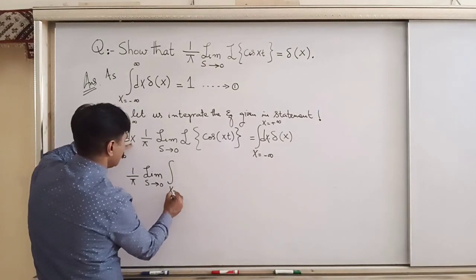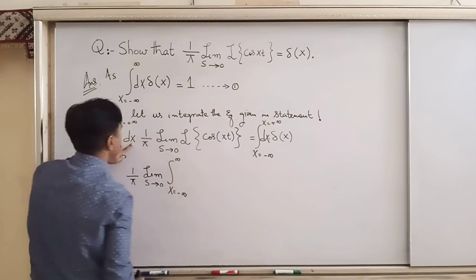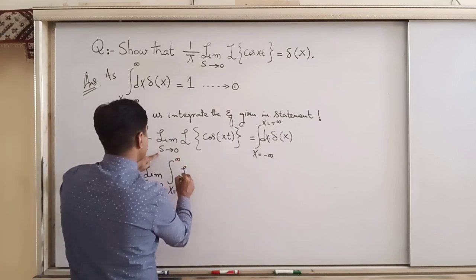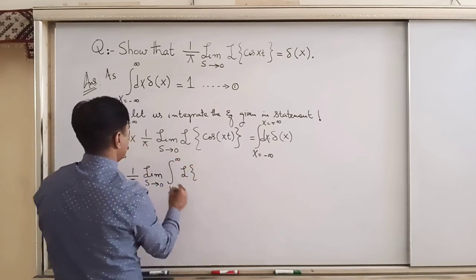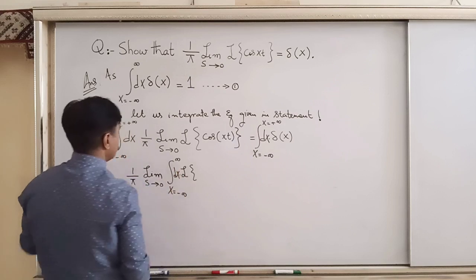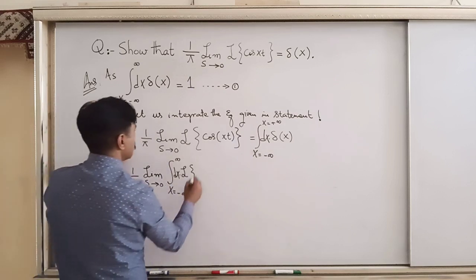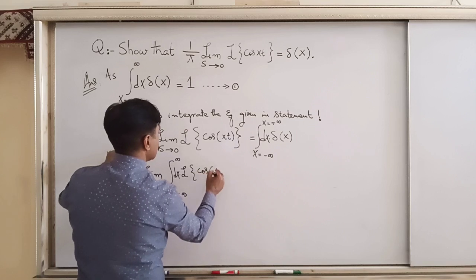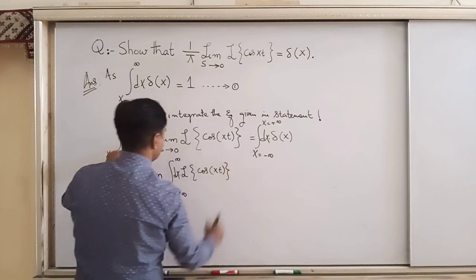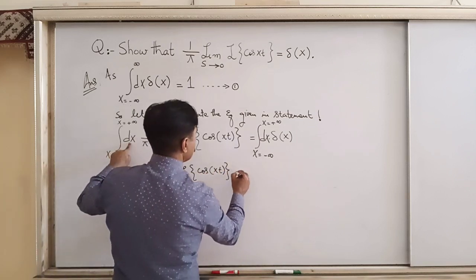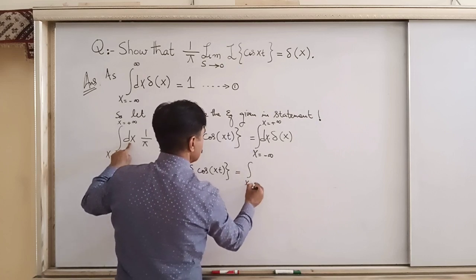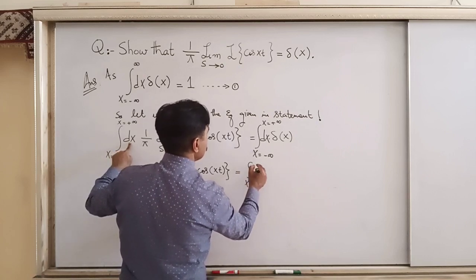So x is from minus to plus infinity, and you have dx into the Laplace transform of cosine of xt, right? And the right hand side is the same, no change in it.